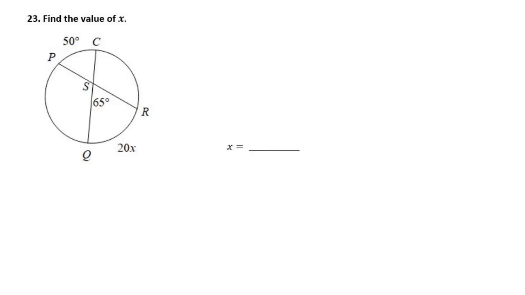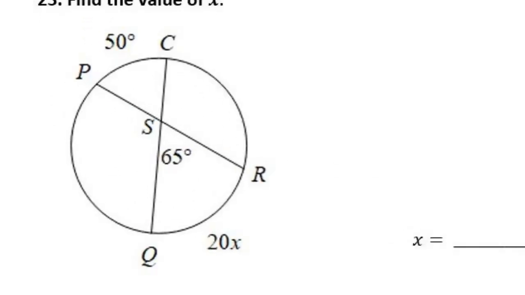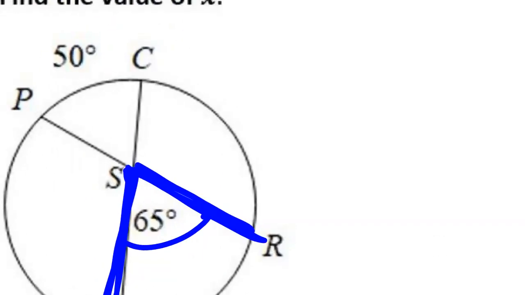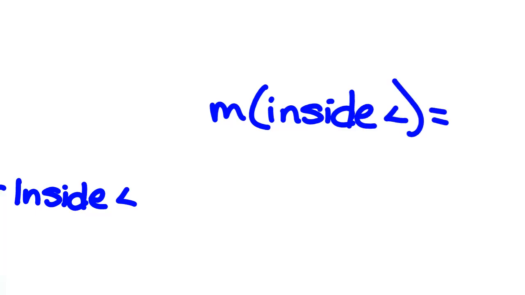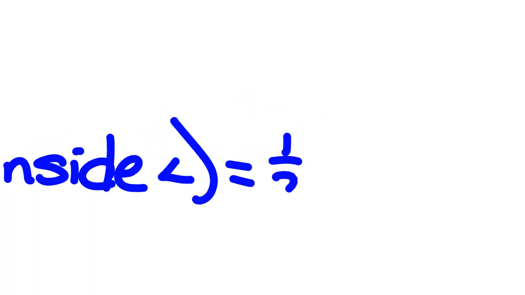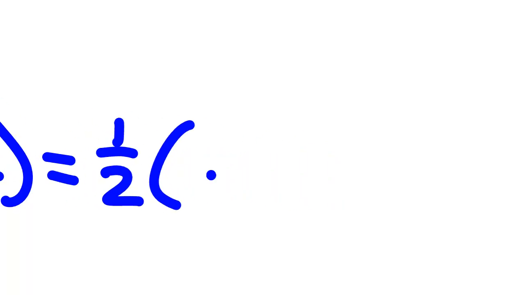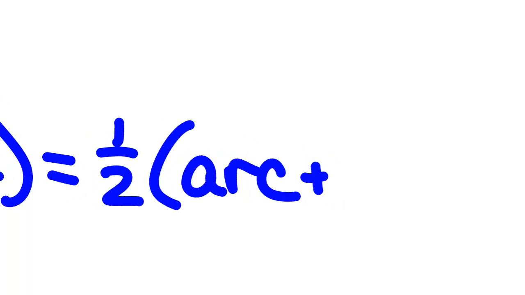Find the value of x. Well, this angle right here, QSR, is inside my circle. The measure of an inside angle is equal to 1/2 times the sum of the two arcs that it intercepts.